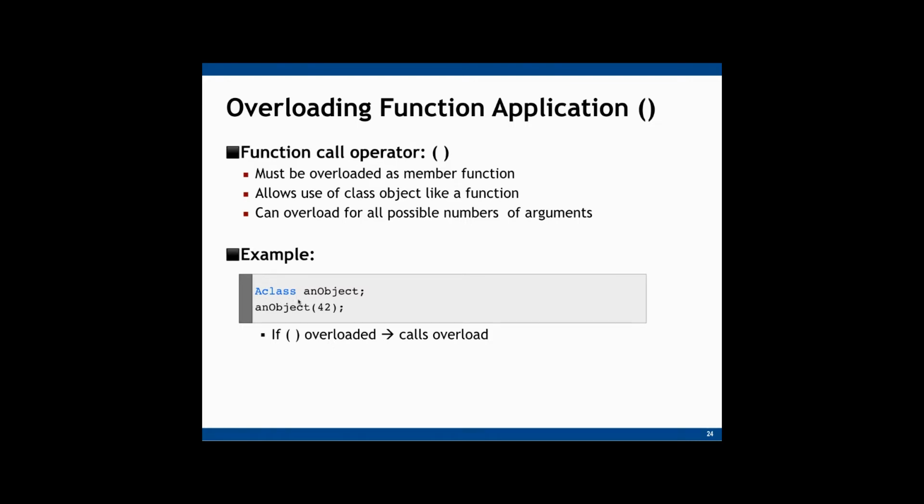If you overload the function call operator, you can use objects like functions as shown in this line. So this is an object, but you are using it as a function. This line will invoke the overloaded function call operator with an argument for it.